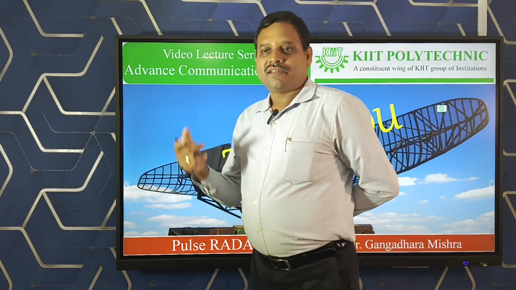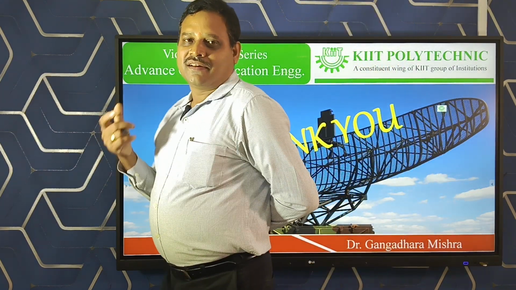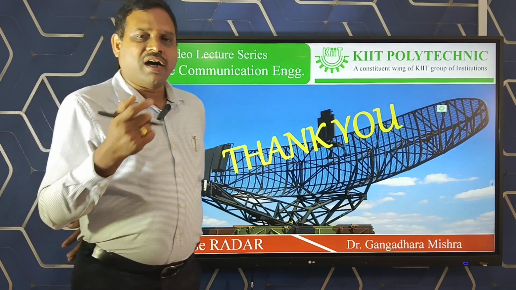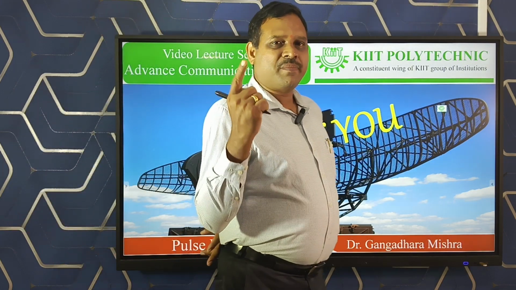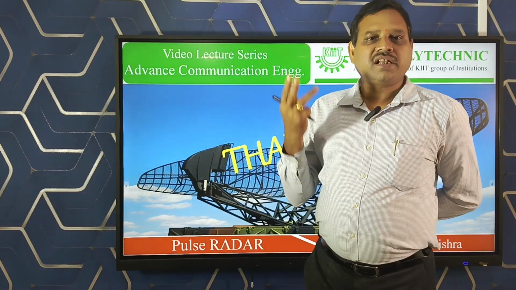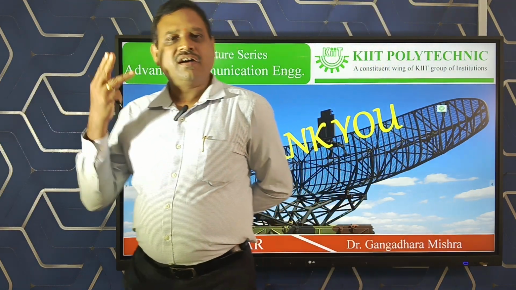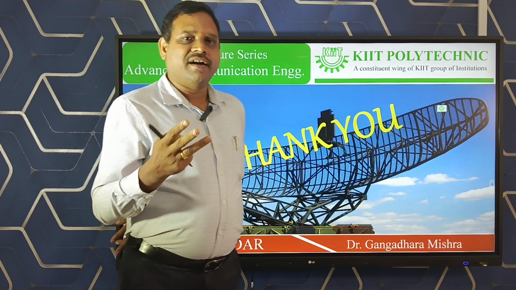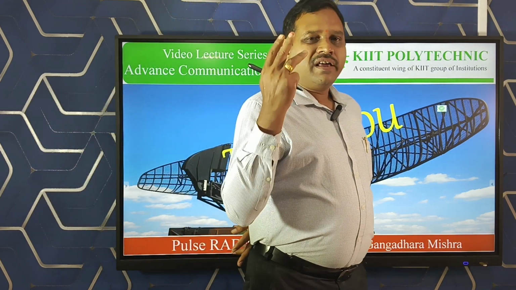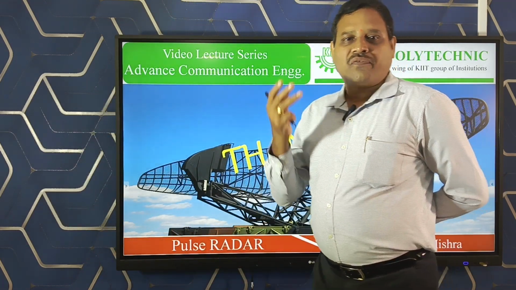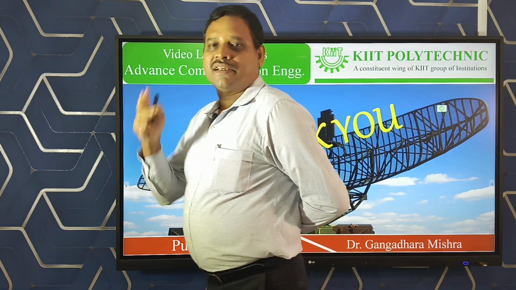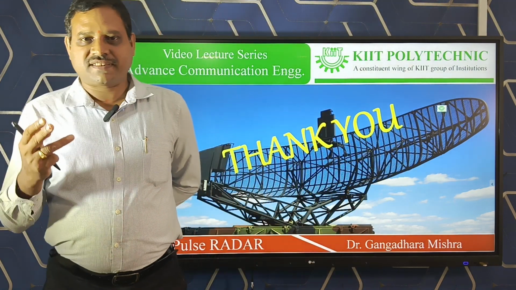So these types of antennas or systems give us range information, bearing information, and elevation information. These three are the main criteria to find the exact position of any object in three-dimensional space.